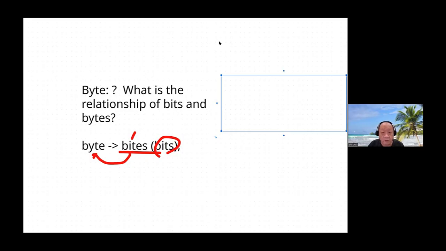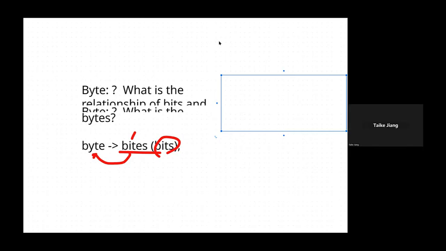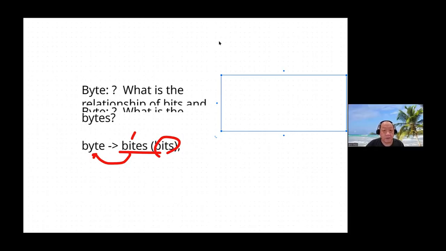So there's no reason why 8 is the one, because 6, 7, 8, 9 were all used before.